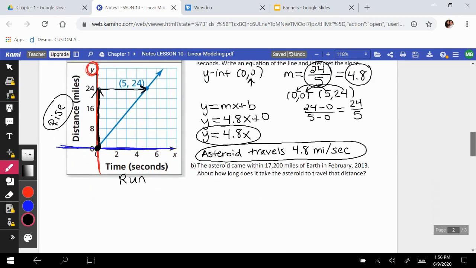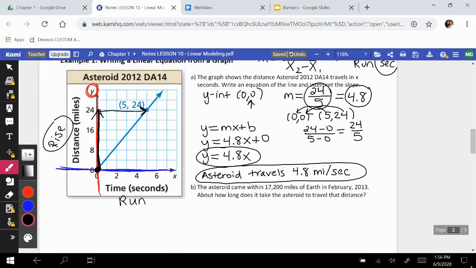Okay. It says the asteroid came within 17,200 miles of Earth in February. About how long does it take the asteroid to travel that distance? So what we're given is the distance, right? The distance is 17,200. Okay, so what is distance? Is that x or is that y on our graph?